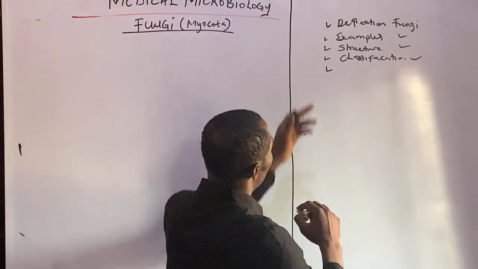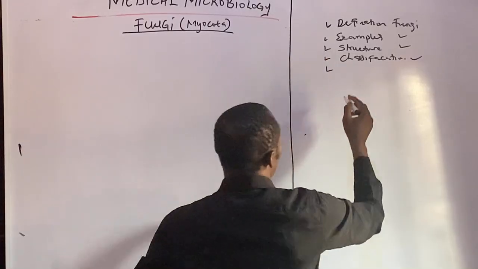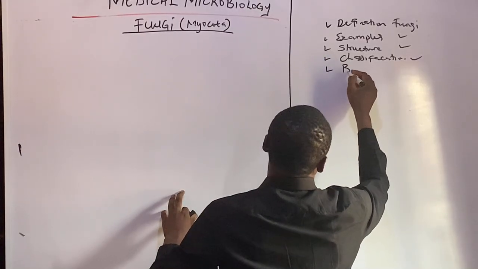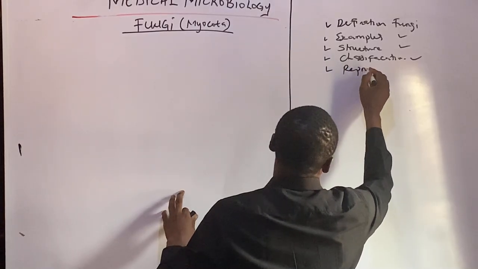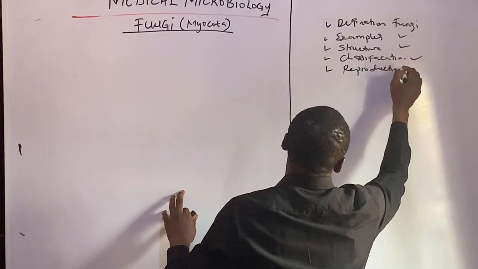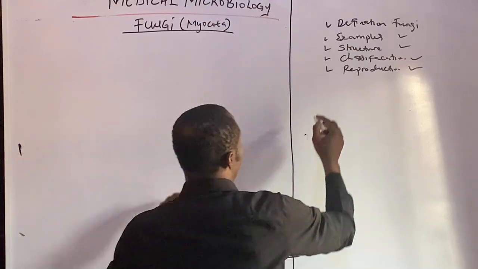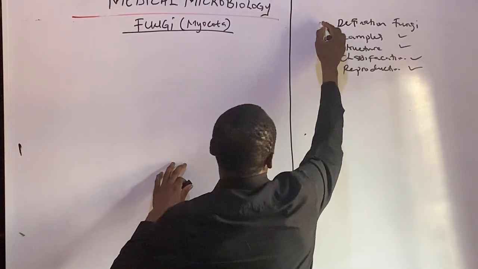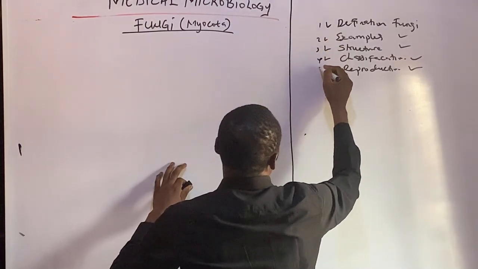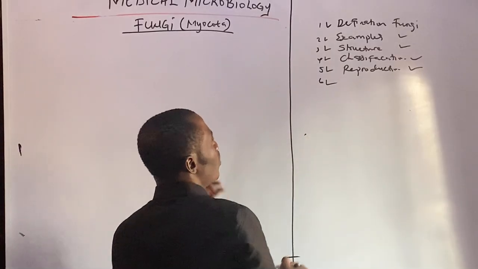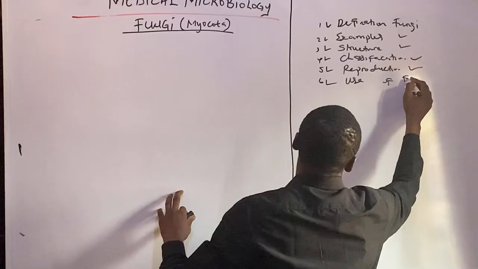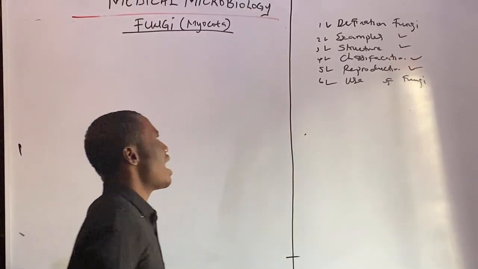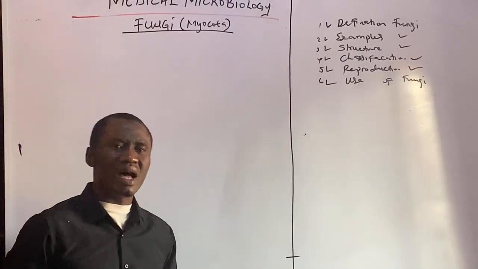Number five, their mode of reproduction, reproduction in fungi. Number six, the uses of fungi. Now, these are the items we'll be looking at in this video.